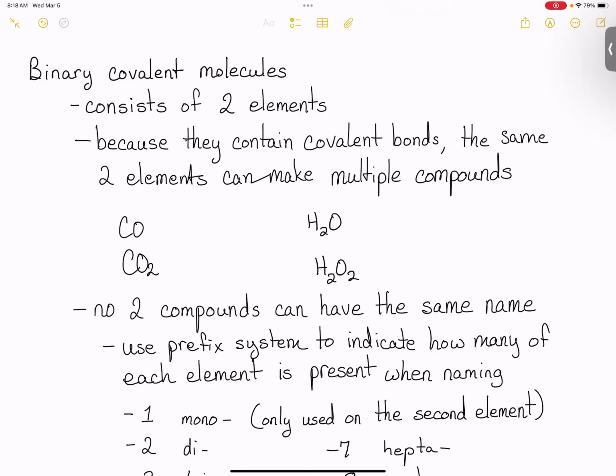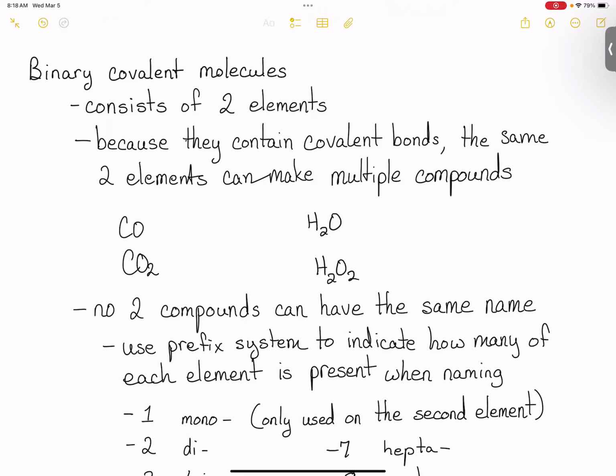So basically, binary covalent molecules are going to consist of 2 elements. Because covalent molecules have covalent bonds, which arise through the sharing of electrons, the same 2 elements can make multiple compounds.